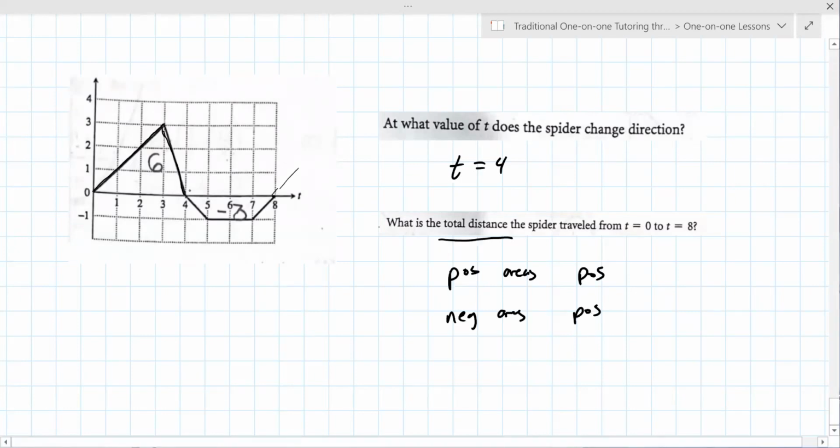So areas above the x-axis are generally positive. Areas below the x-axis are generally negative. But when you're finding the total distance, you treat those negative areas as positives. So you have to find the area of each of these regions. Okay, so you have to split it, yeah. Yeah, maybe 1 and 2. This is a trapezoid, if you remember that, or you can combine this triangle over here with this one over here. Lots of options.